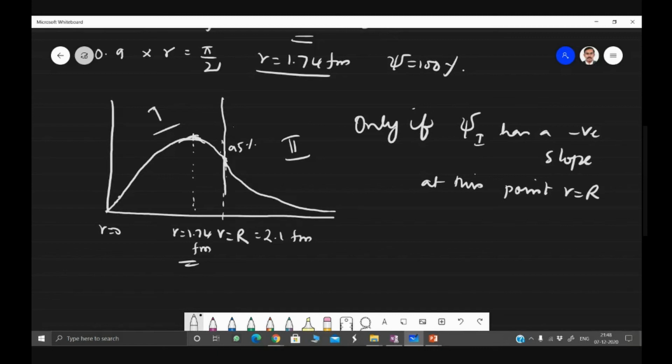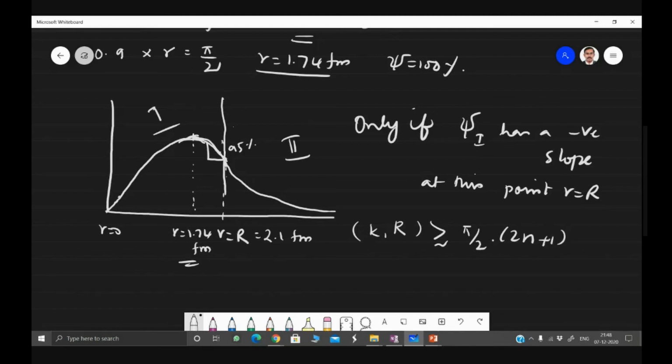So the sine function has to decrease to have a negative slope, and this condition can be obtained if k1 R is greater than or equal to (2n plus 1) into pi by 2.